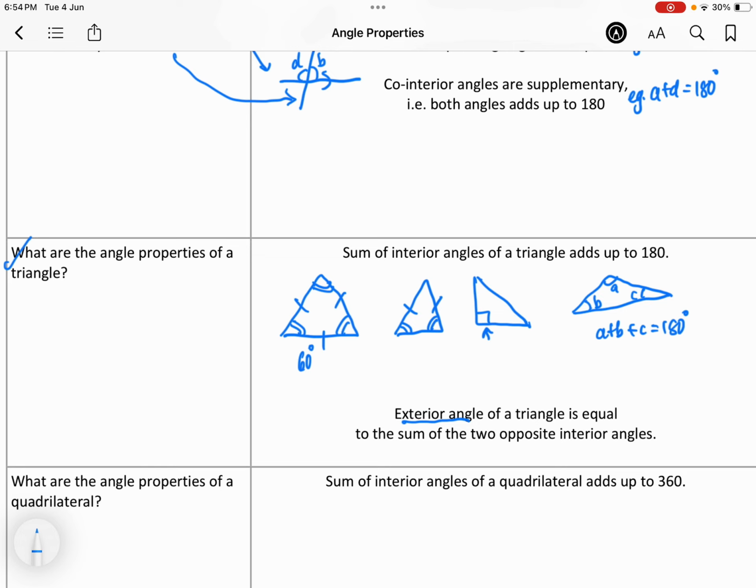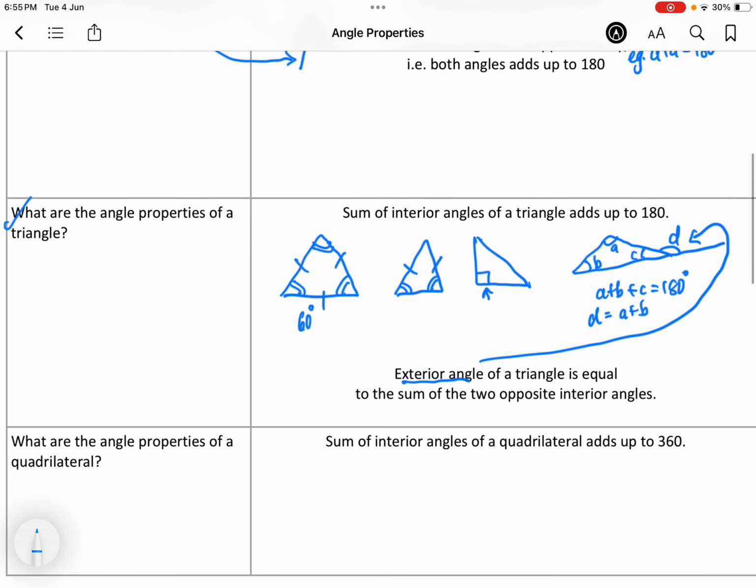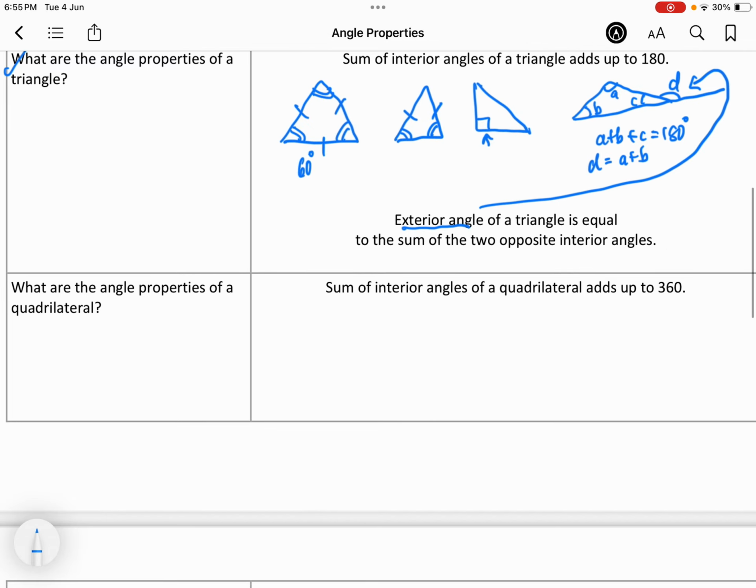The exterior angle is just, you extend that one, and this is the exterior angle. The exterior angle, which is D, is equal to the sum of the 2 opposite angles, A plus B, not C but A plus B.